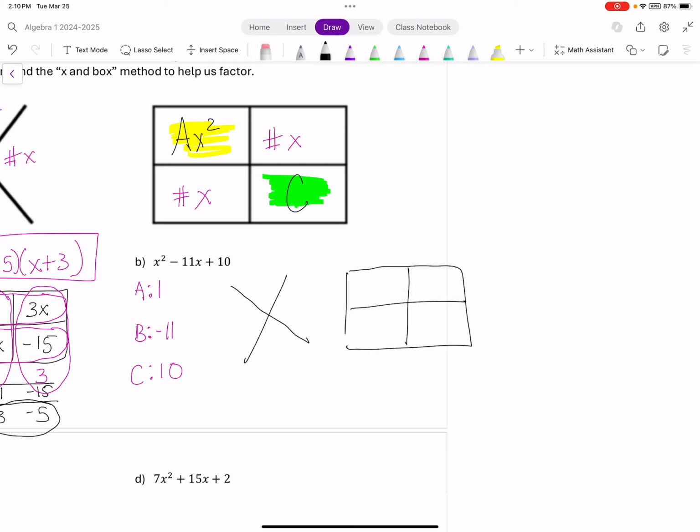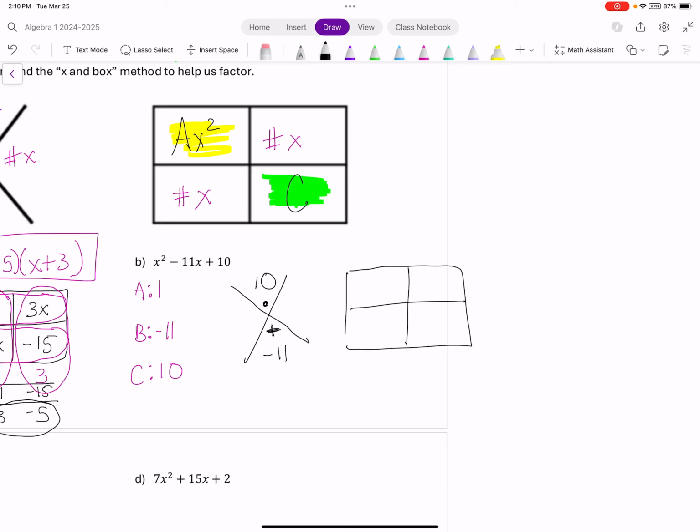So on the x, the top number, we're going to multiply our a times our c. So 1 times 10 is 10. And then we're going to add to negative 11. So I want to multiply to a positive 10 and add to a negative 11.